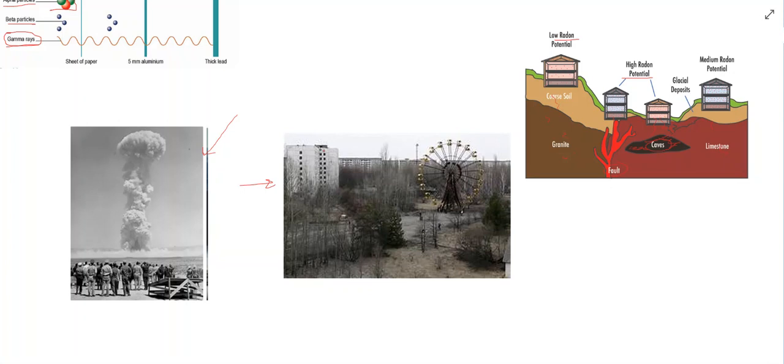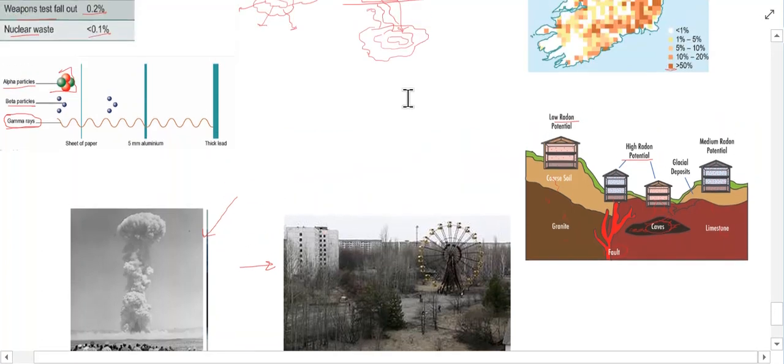And again, they have very long half-lives, and as a result, they are to this day still contributing to some of the background radiation that is present all the time.